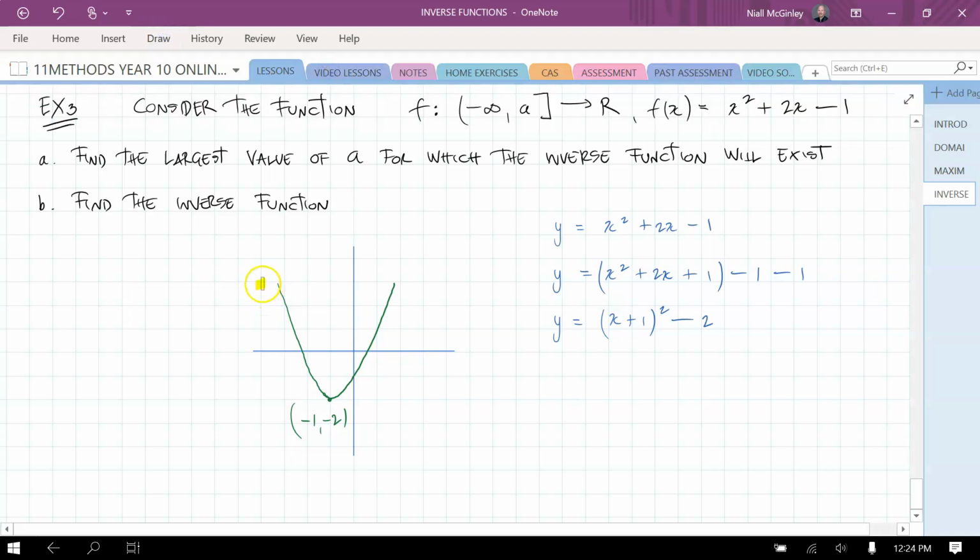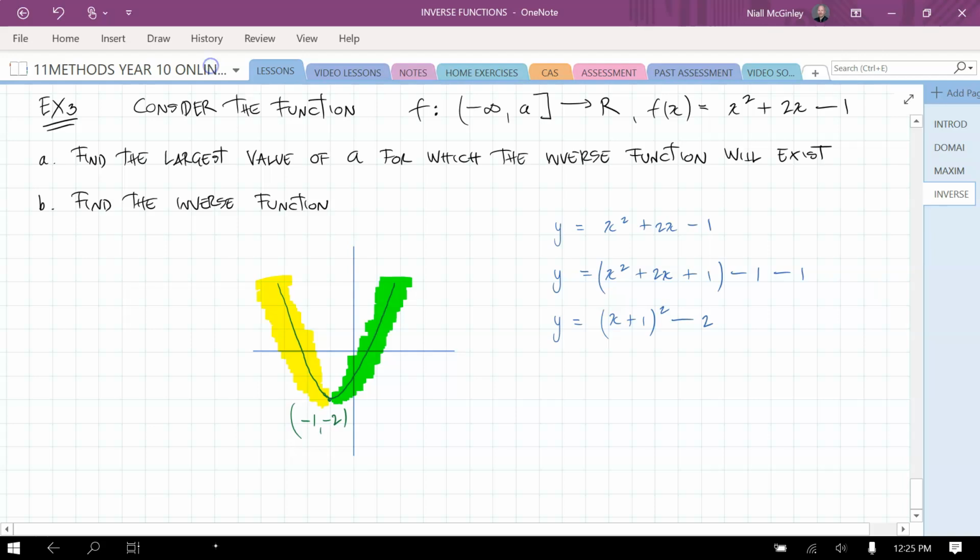If I just restricted the domain to have anything in this yellow section here, that yellow section would be a one-to-one function. Alternatively, if I restricted the domain so that I just had this green section of the parabola, that would also be a one-to-one function. So you can form two one-to-one functions.